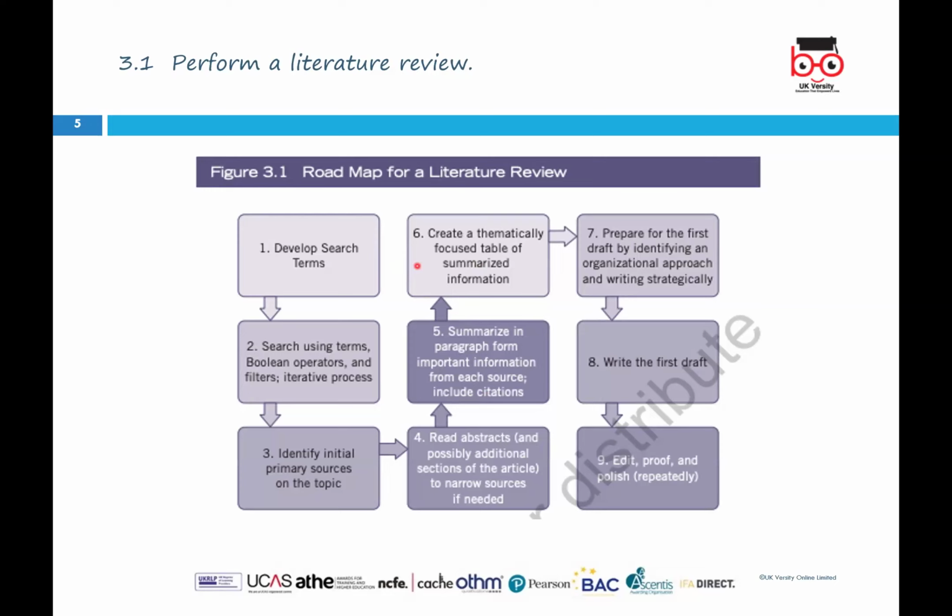Now, sometimes I want to see asthma and smoking OR air pollution. If you see this OR in your chat box, it will give you articles that have asthma in it, and either smoking or air pollution.